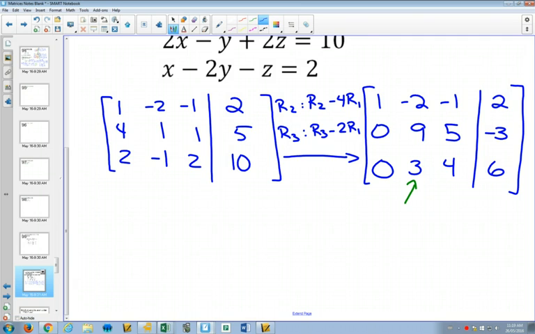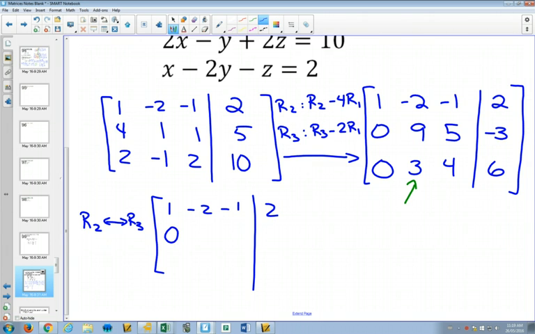So we have some options here. I might take the time to just switch row 2 and row 3, just so I don't have to deal with fractions, because my smaller number is there in row 2 and row 3. But it wouldn't be wrong if you decided to work with some of those fractions.